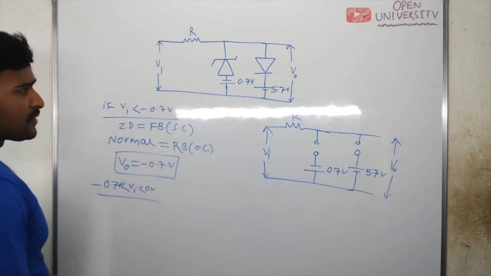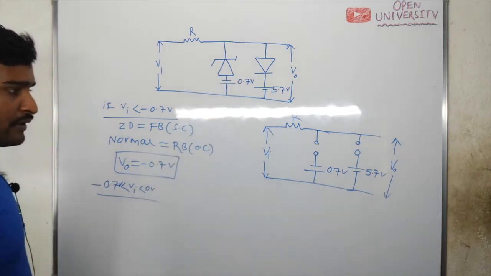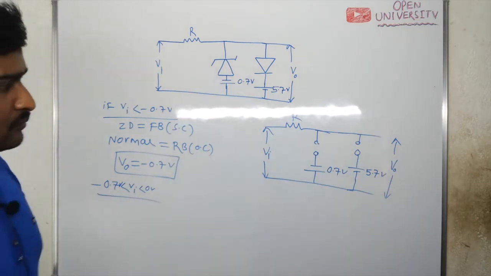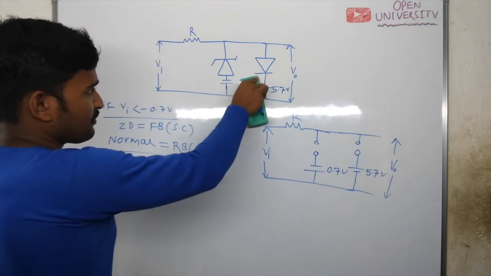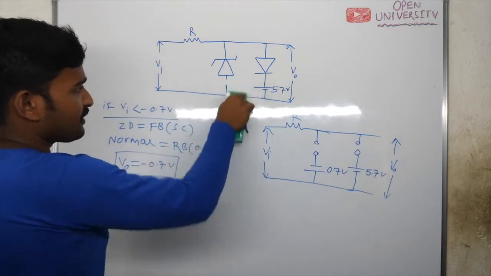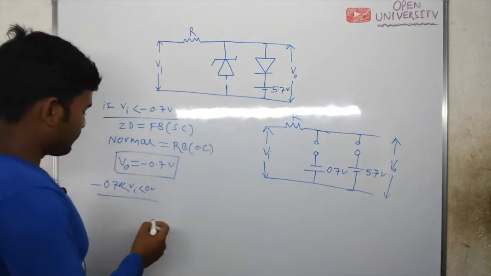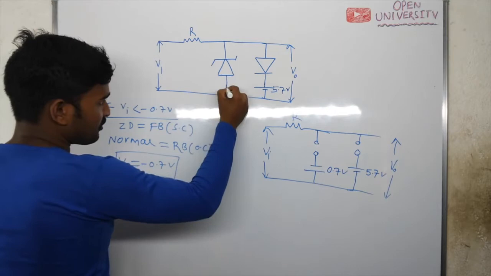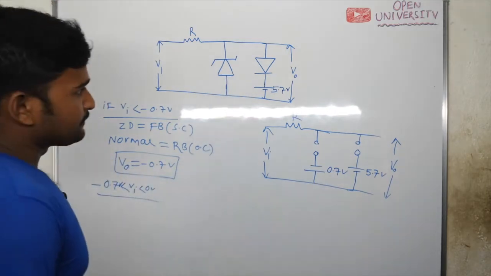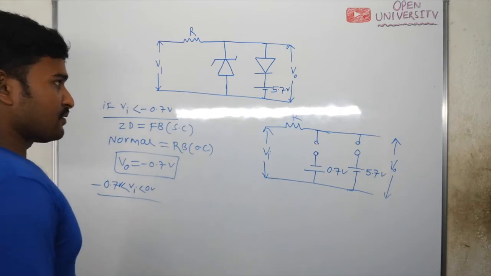Now, since the breakdown voltage of the Zener diode is 4 volt, when you apply positive voltage, the Zener diode becomes reverse biased. If you apply positive values of input, I should not consider the cut-in voltage for the Zener diode, because it is reverse biased.